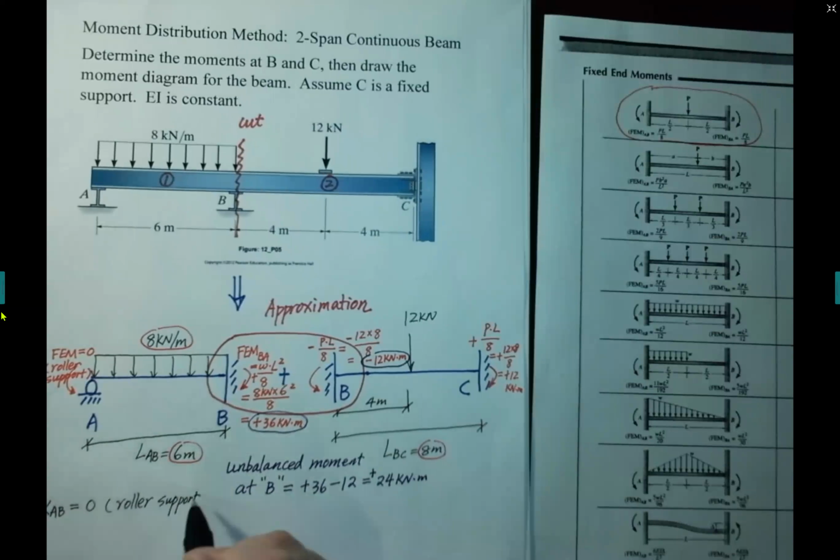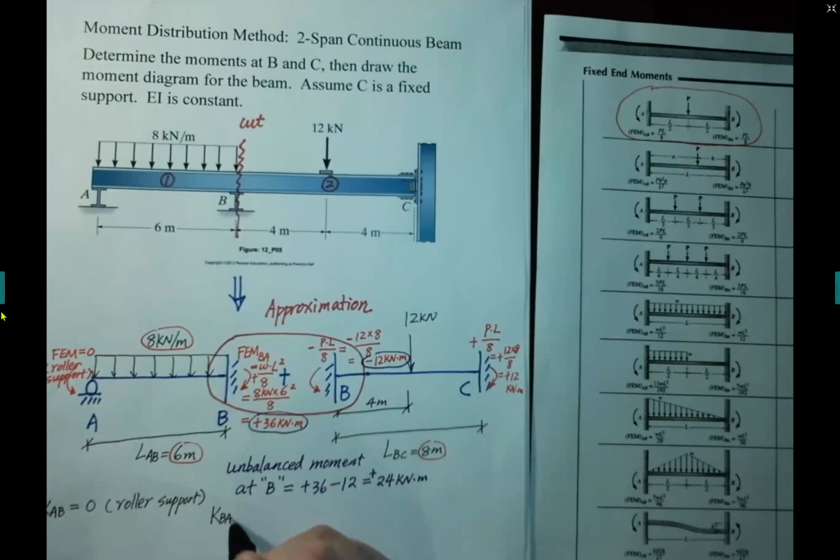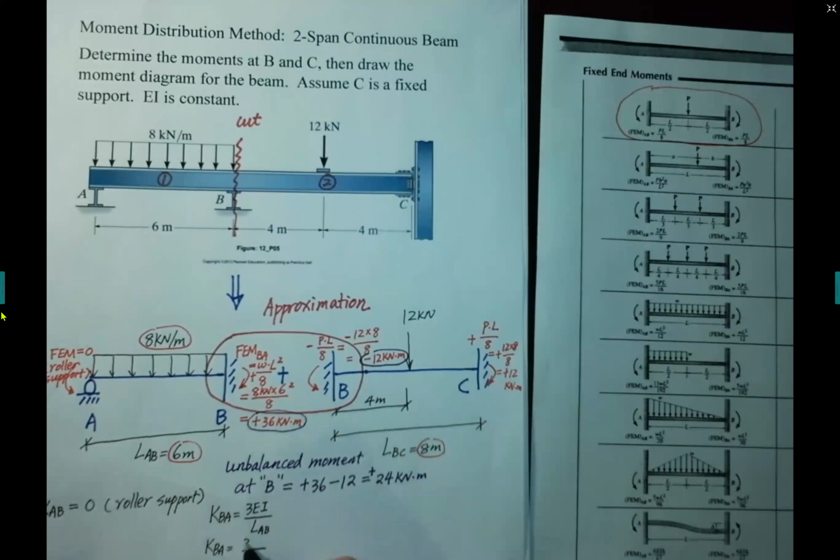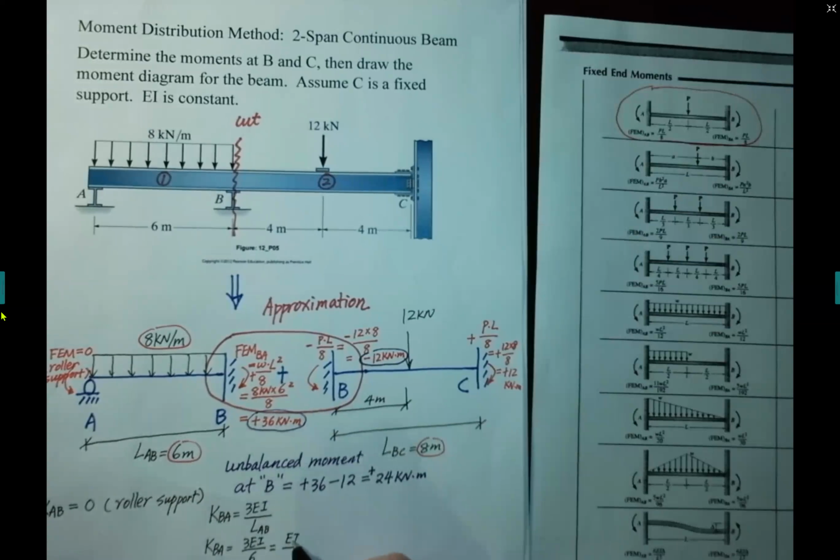And KBA equals to 3 EI over L AB. So KBA equals to 3 EI over 6 meter. So equals to EI over 2.